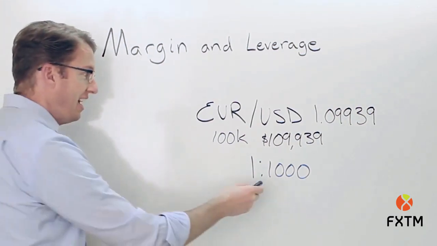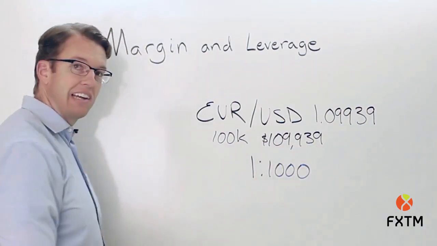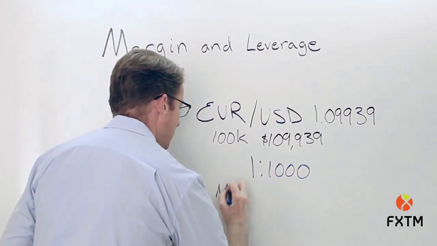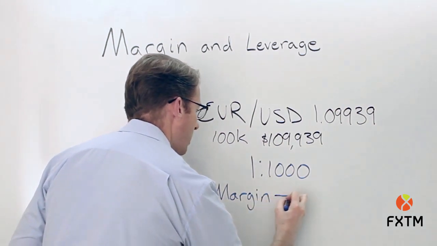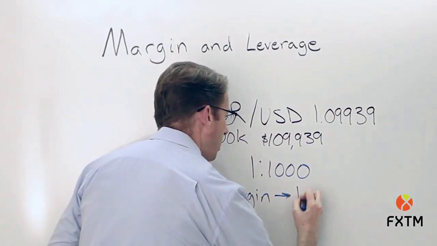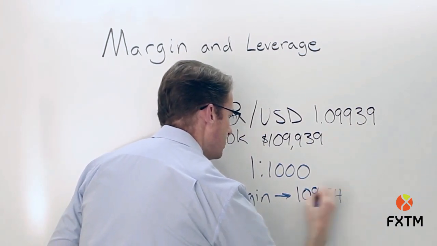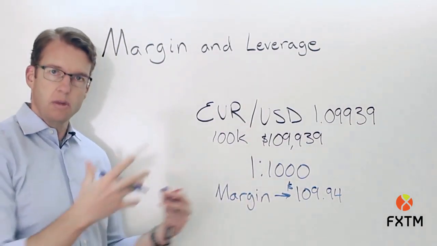We can multiply that by the notional value, 109,939, and what we get is a margin amount. So the minimum margin required is going to be $109.94.